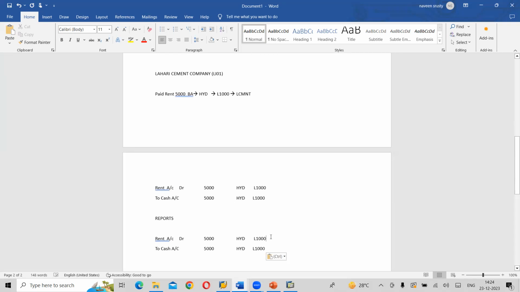So here automatically it will take cement segment. The user won't give it. Automatically the segment will be integrated to the profit center. So at the time of entry, the user won't give this segment. It will automatically pick from your profit center.